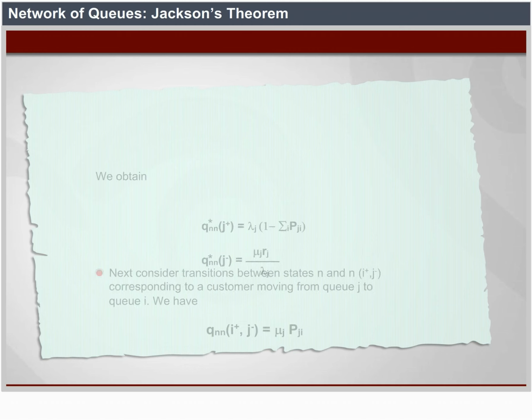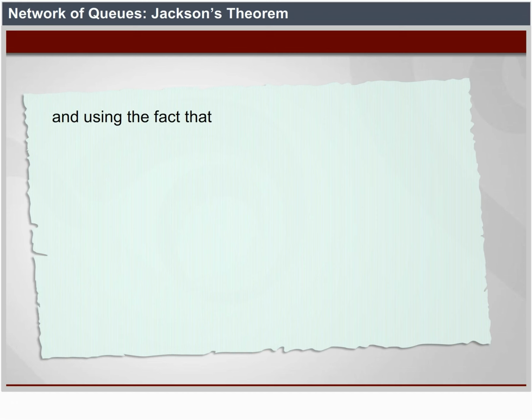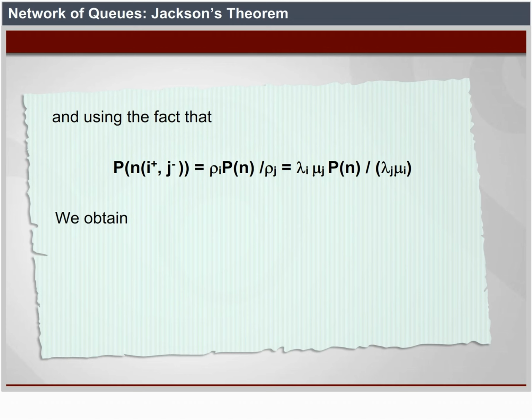Using the fact that P of ni plus j minus is equal to rho i into P of n divided by rho j, which is equal to lambda i mu j into P of n divided by lambda j mu i, we obtain q star n i plus j minus n is equal to mu i lambda j into pji, the whole divided by lambda i.